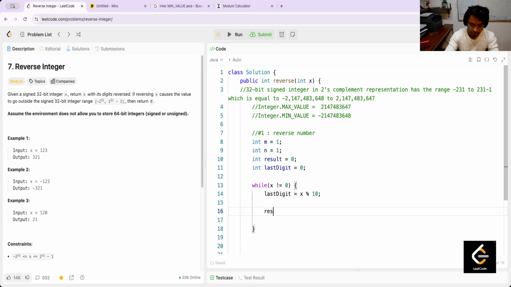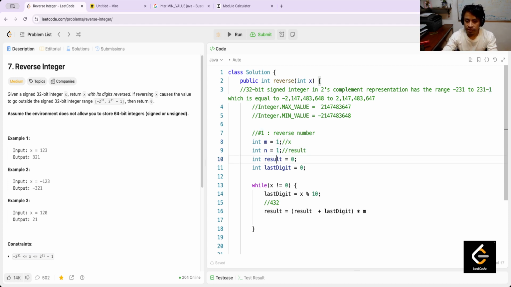Now the next is result. It's equal to result, for example, result that is 0, plus last digit multiplied by n.